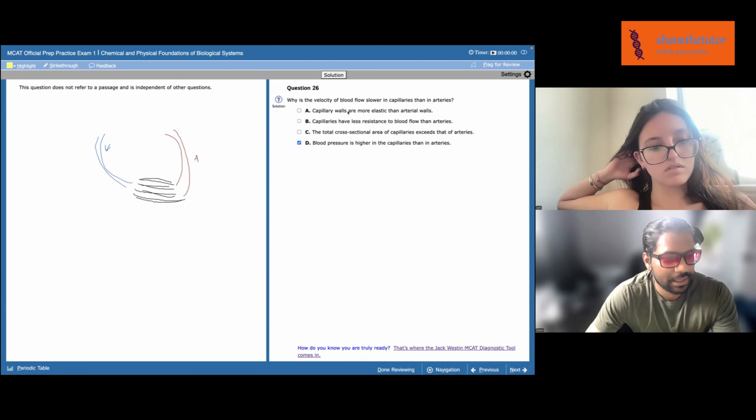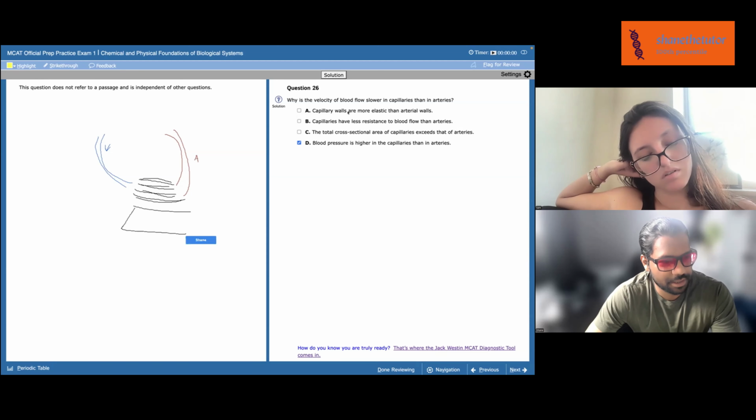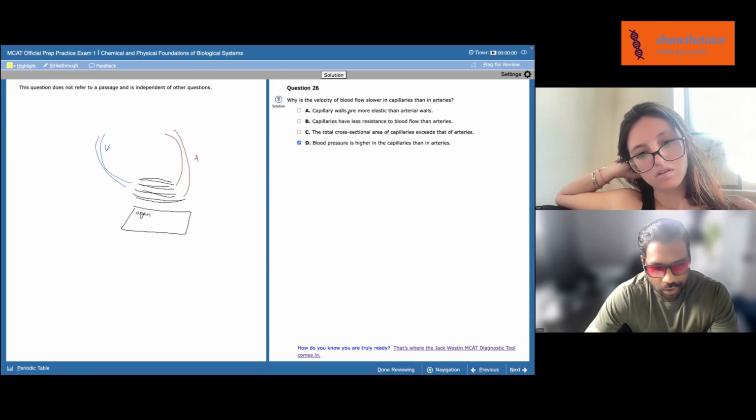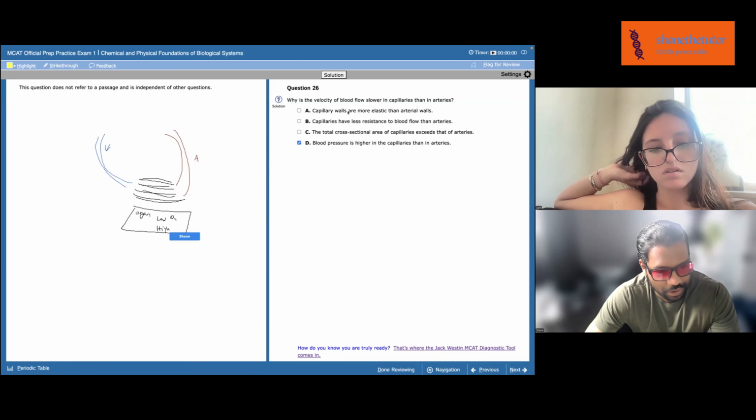And at this capillary level, let's say this is some organ or tissue that's doing work, it's going to have a low concentration or partial pressure, you can use them interchangeably here, of O2 and a high amount of CO2, right?